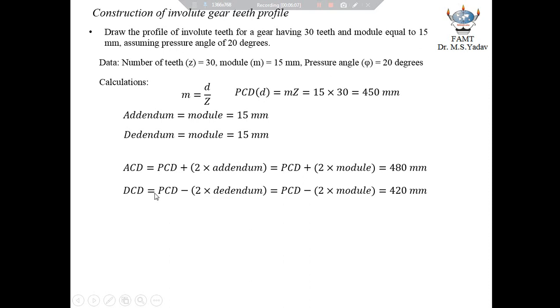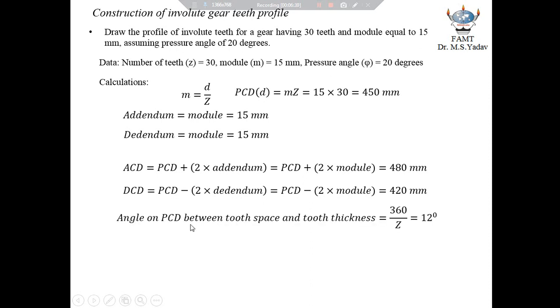Similarly, dedendum circle diameter, that is DCD, will be equal to PCD minus 2 times dedendum, and once again, since dedendum is equal to module, DCD will be equal to PCD minus 2 times module, and the value will be equal to 420 mm.